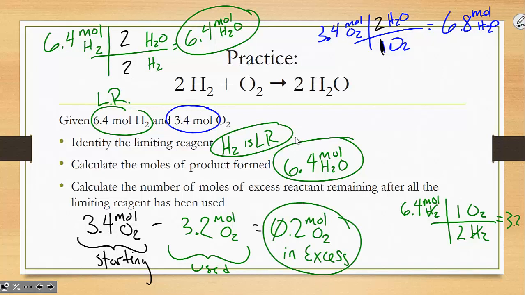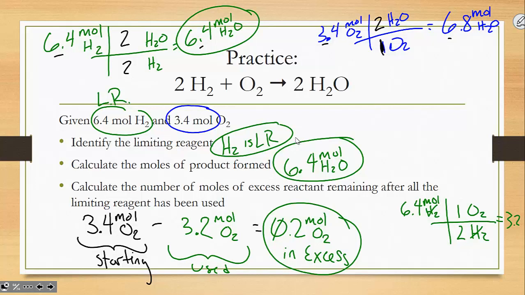With 6.4 moles of hydrogen, we could make 6.4 moles of water, since they are a 1-to-1 ratio. With 3.4 moles of oxygen, we could make 6.8 moles of water, since they are a 2-to-1 ratio, making hydrogen our limiting reagent.